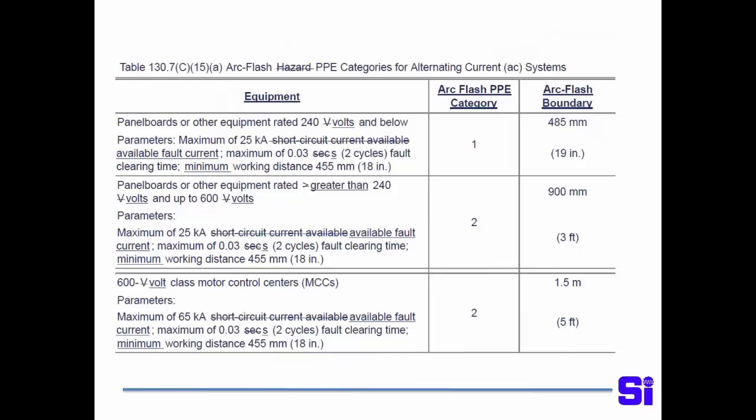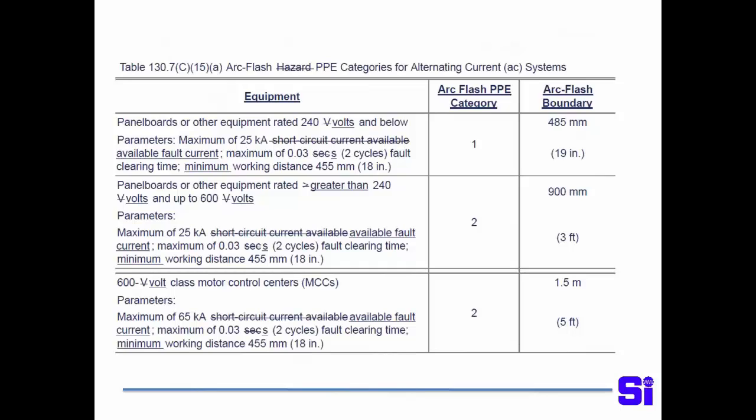Table 130.7(C)(15)(A) is really the same table that we had before as 130.7(C)(15)(a)(b), with the same types of categories, but you'll notice where it used to say 240V, we now say 240 volts.